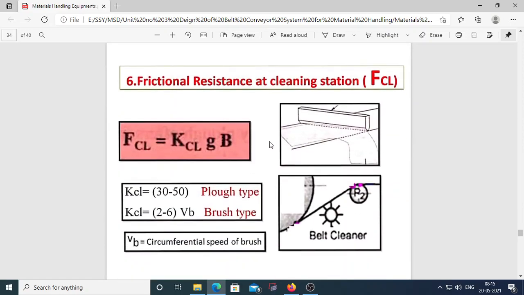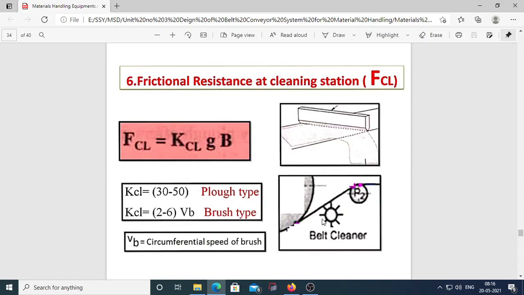Next, last is the frictional resistance at the cleaning station, denoted by FCL. There are two types of cleaning: first with the help of a plow type, and second a brush type.